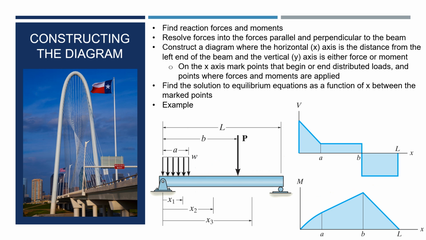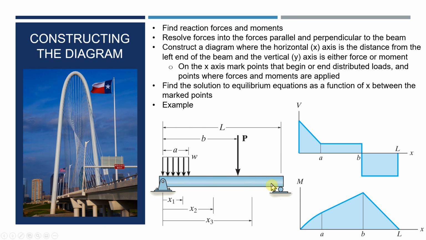So we construct the diagrams much like we've done before. So here's a distributed load, here's a point load. We divide the beam up into sections, and we analyze it just like we did before, except now we're going to use X as a variable. And we look at this section and this section and this section separately.